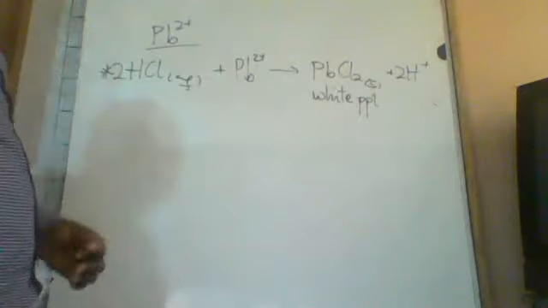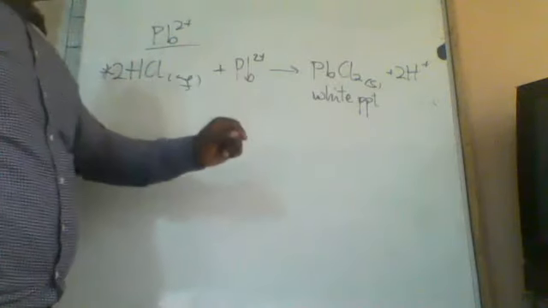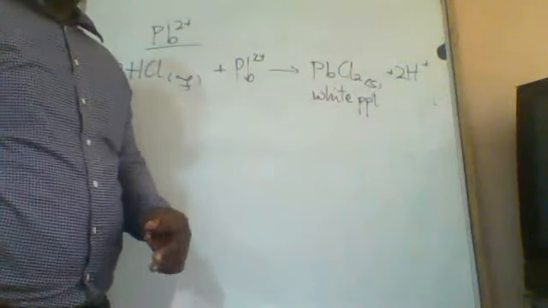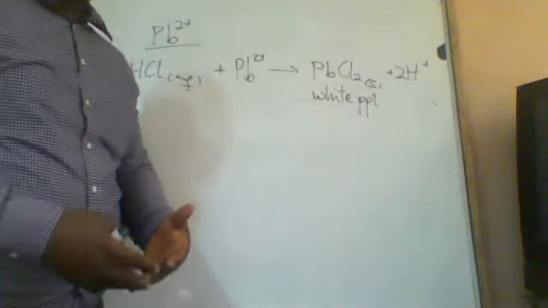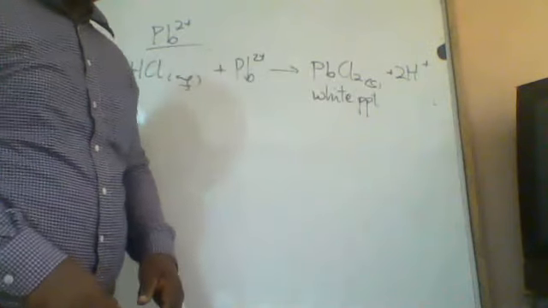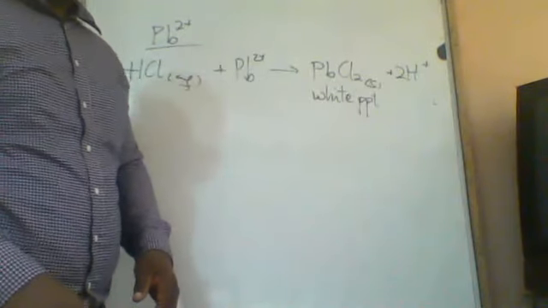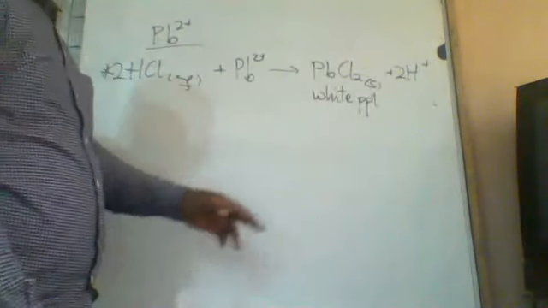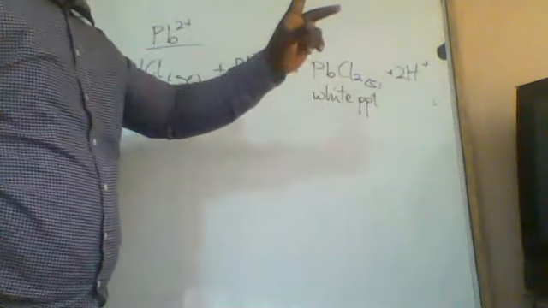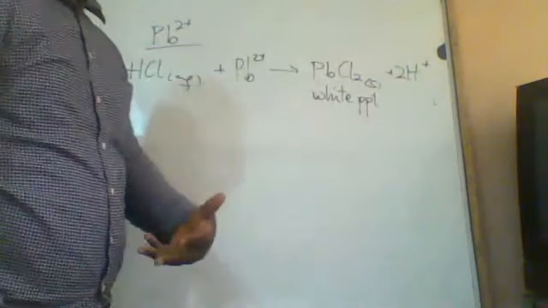You can use HCl. When the HCl is added, you are going to form a white precipitate, which is soluble on heating and reappears or recrystallizes on cooling, meaning that lead chloride is soluble at higher temperature, but insoluble at lower temperature.